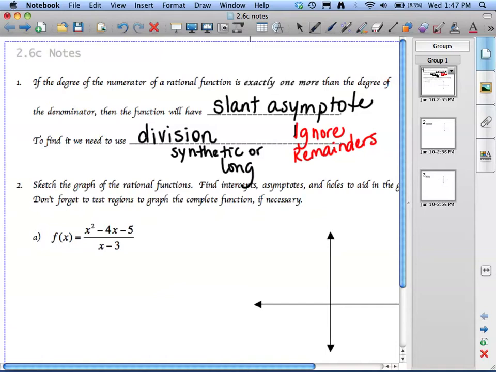It's going to be a really, really tiny decimal, like 0.0001, something like that. Is that going to affect my problem? No. So we're ignoring remainders.